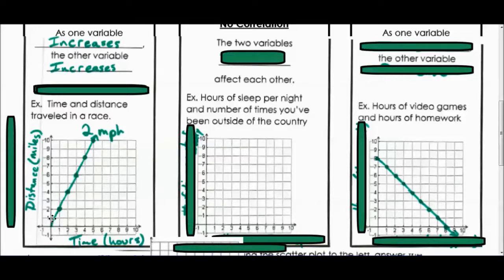As our time goes on, our distance increases, we see a positive slope, an uphill slope going from left to right. That's a positive correlation because as the time increases, as these numbers get bigger, so do these numbers which represent the distance. So the time and distance both increase at a rate of 2 miles per hour. That's the rate of change or the slope for this graph.